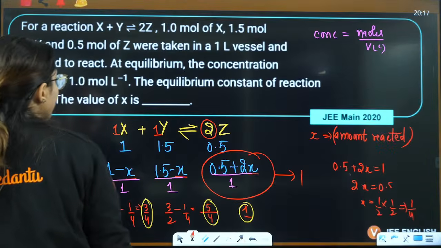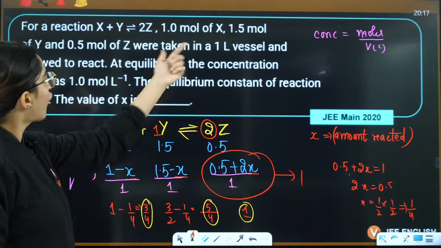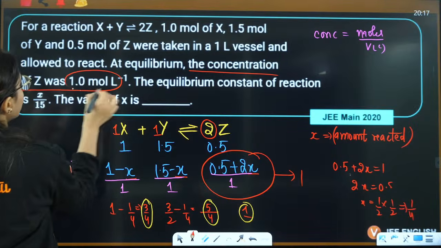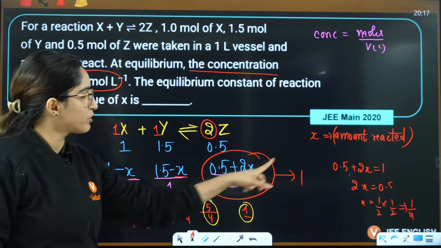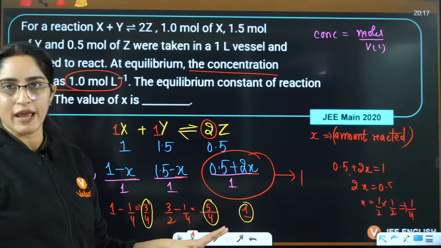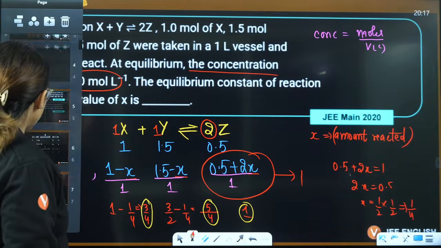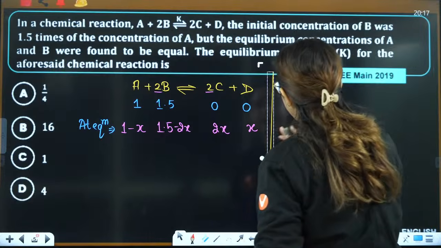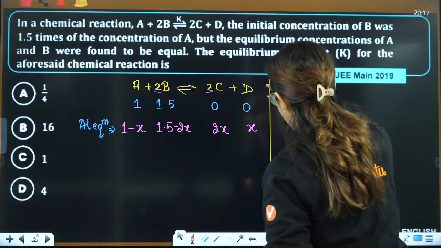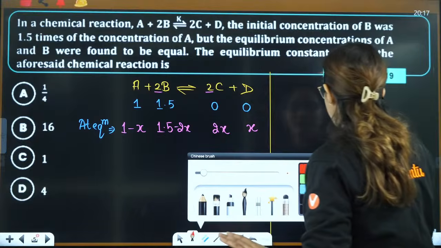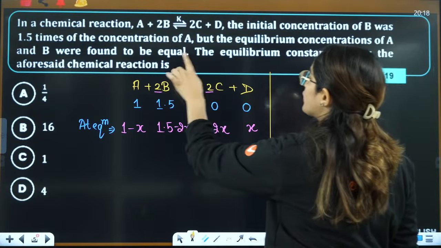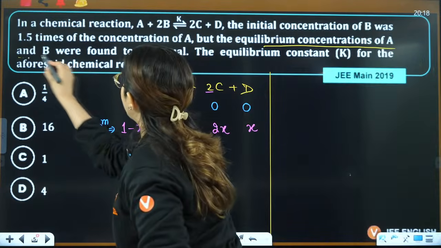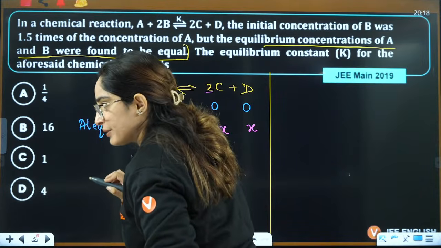For example, earlier the hint was that the concentration of Z is 1 at equilibrium, so we put this equal to 1 and found the value of x. Similarly here, there is one hint given: the concentrations of A and B are equal at equilibrium.